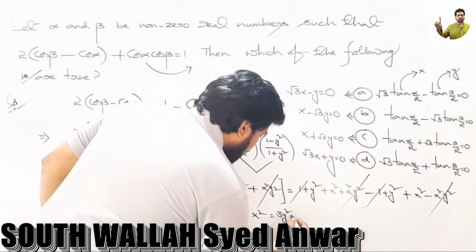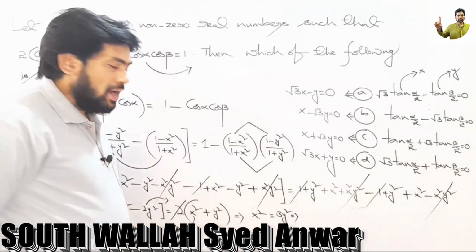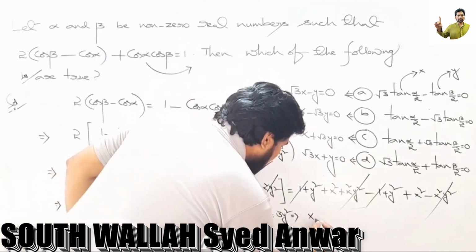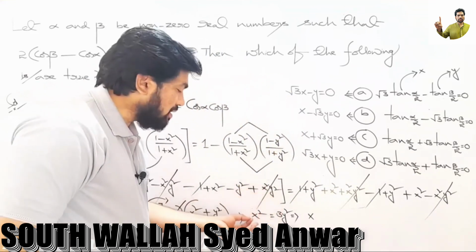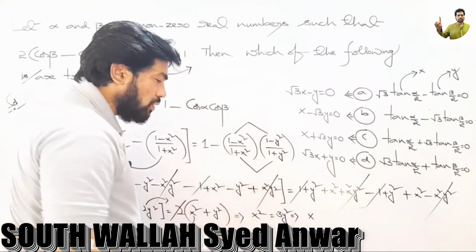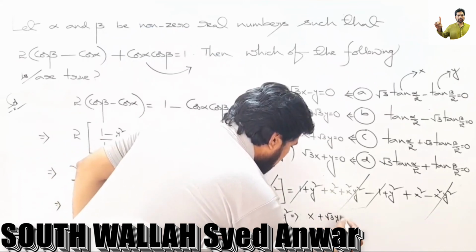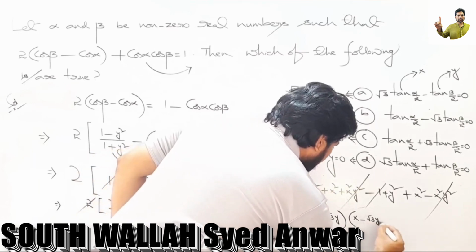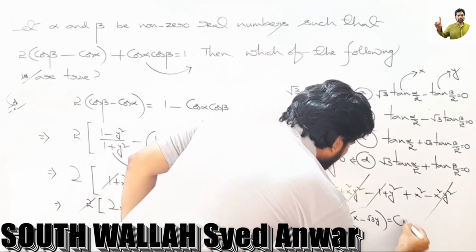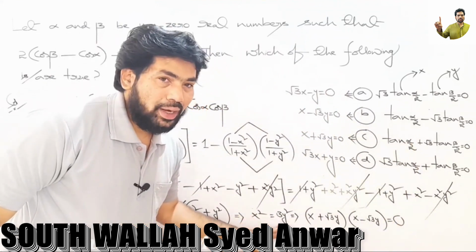Now, this is of the form a square is equal to b square.